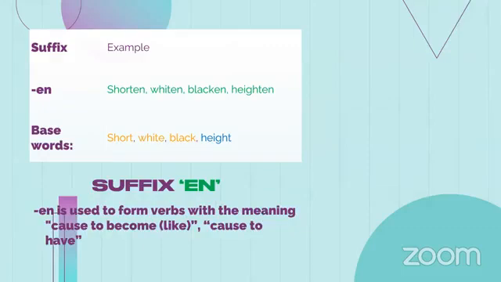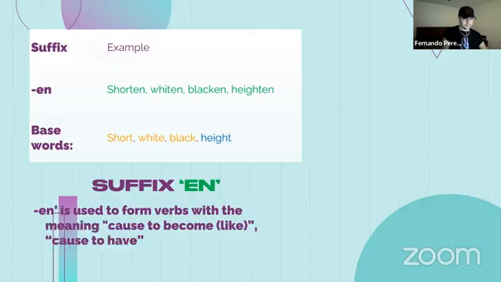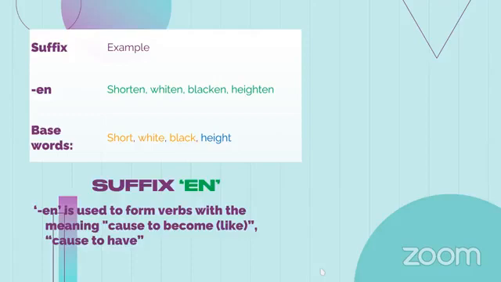N is used to form verbs with the meaning cause to become, or cause to become like. Cause to become, cause to have.